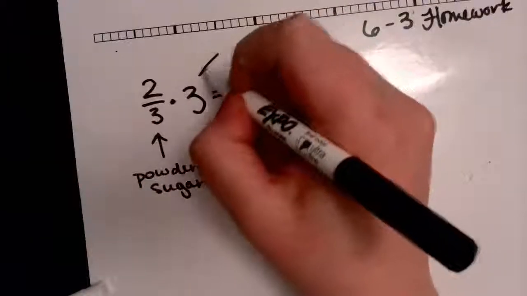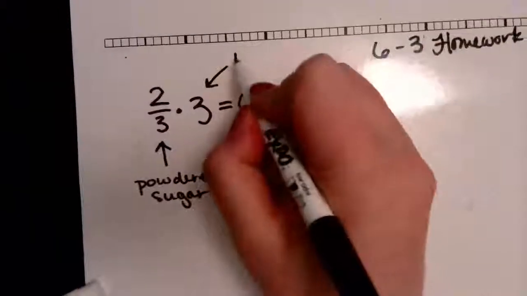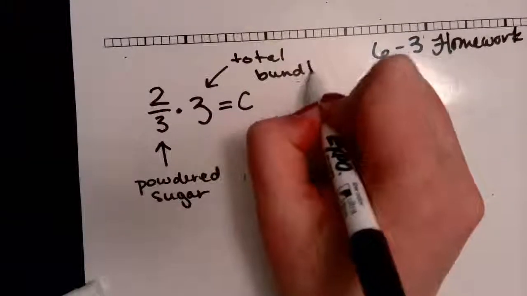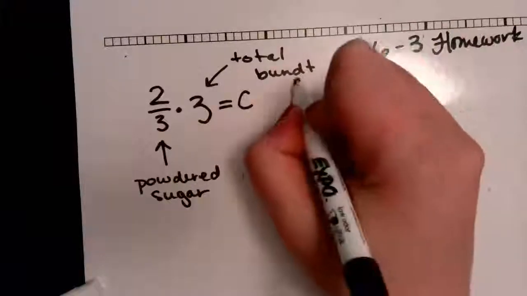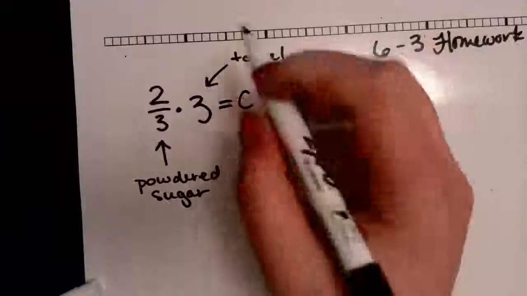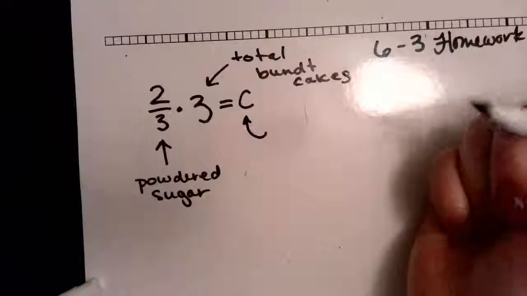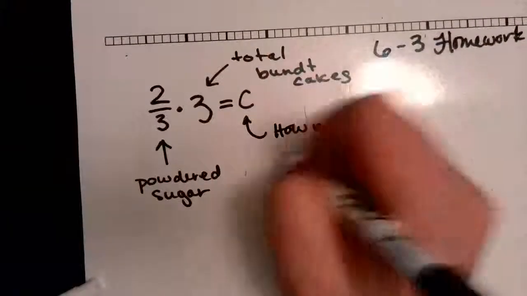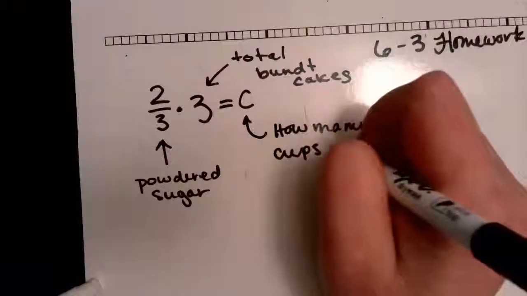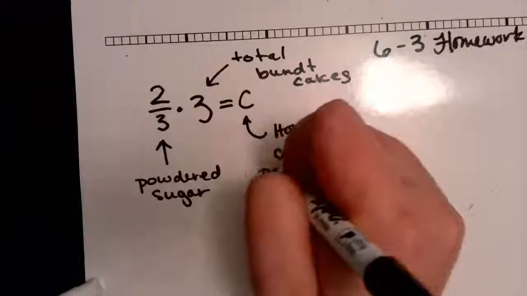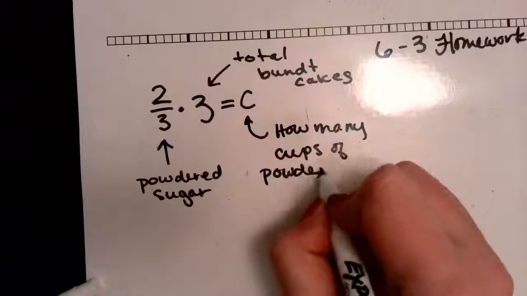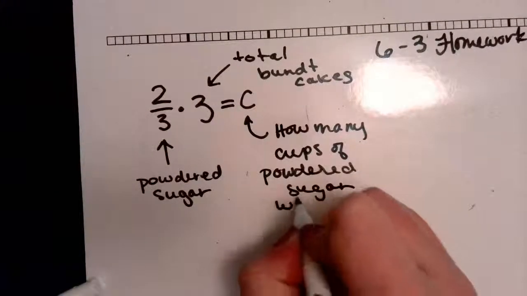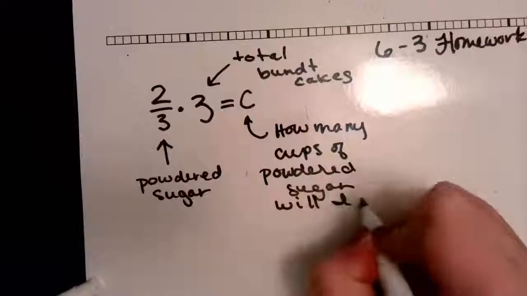And I'm making 3 total bundt cakes. And C is asking, well, how many cups of powdered sugar will I need?